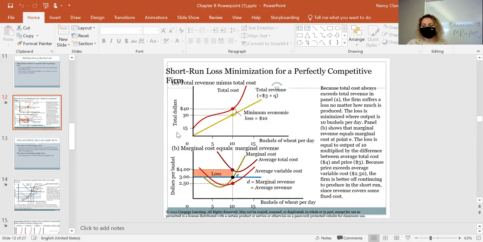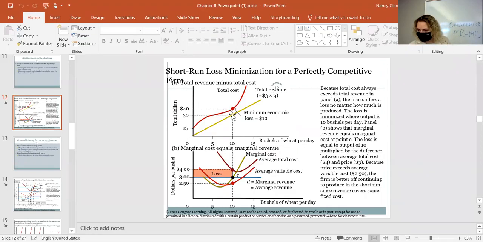So if you were just looking at this graph of totals here at the top, instead of trying to find the greatest vertical distance when your costs dipped below revenue, you're now trying to find the smallest vertical distance. You're trying to find the place where your revenue and your costs are the closest, which means you're experiencing the smallest losses, okay?